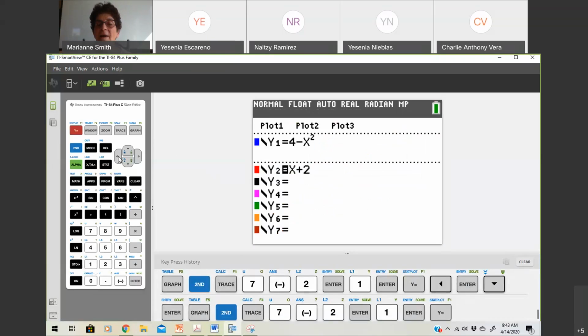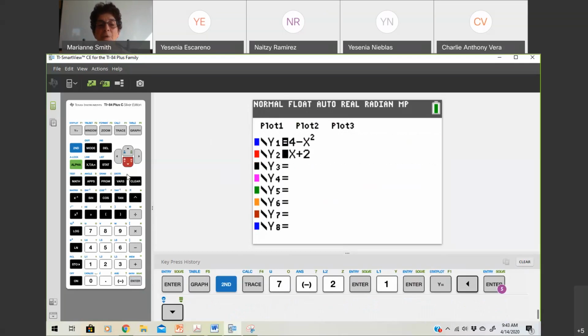So if you want to graph just the quadratic, which was our f of x, you do that by backspacing over the equal sign and making it highlight. So you keep hitting enter. Enter turns it off, enter turns it on, enter turns it off. See, like that.